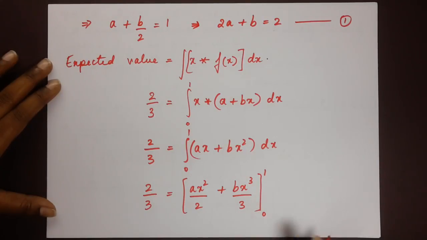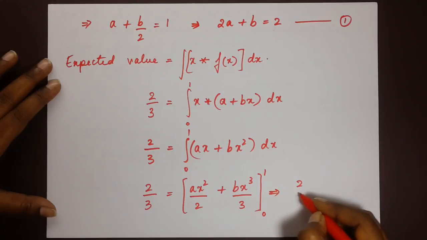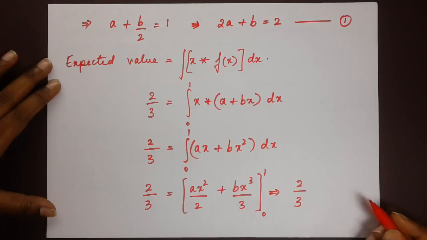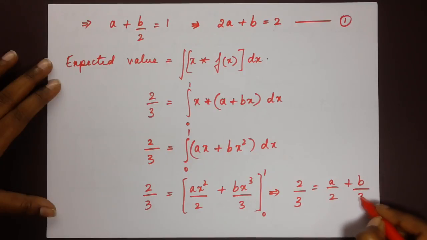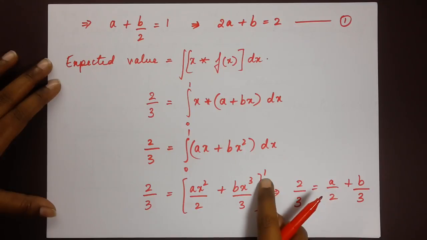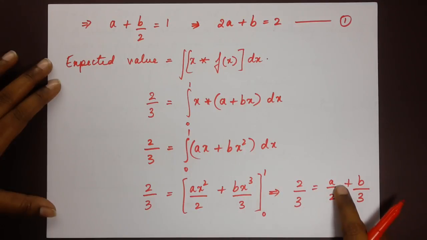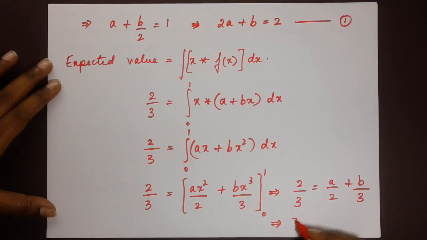Now if we substitute the values, we'll get the equation as 2 by 3 is equal to a by 2 plus b by 3. Because if we substitute 0, it's 0, so we might as well just take 1 and we get it as a by 2 plus b by 3. Now if we resolve the fractions into an equation, we get 3a plus 2b equals 4. Now let's call this equation 2.